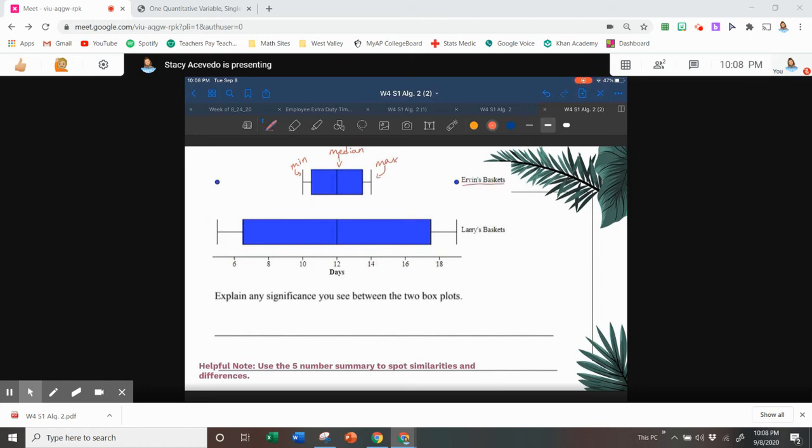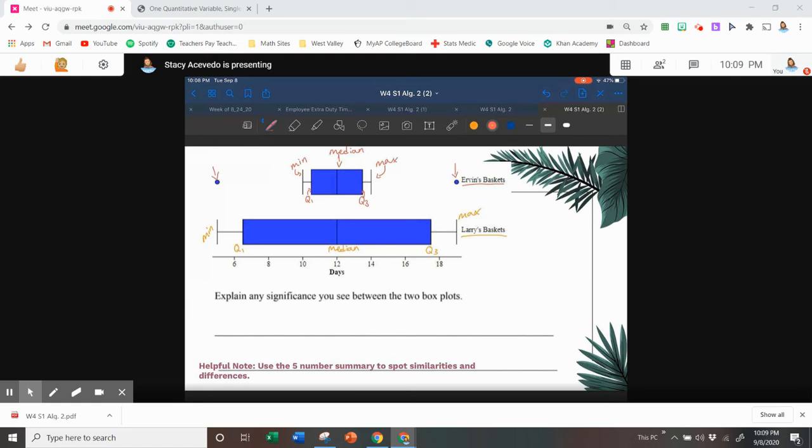This is Q3, the edge of this box, and this is Q1. Likewise with Larry's basket, here's the minimum, the maximum, the median, Q1 and Q3.